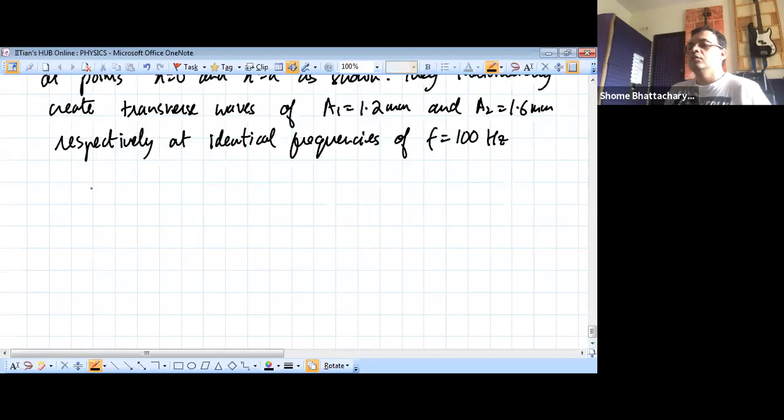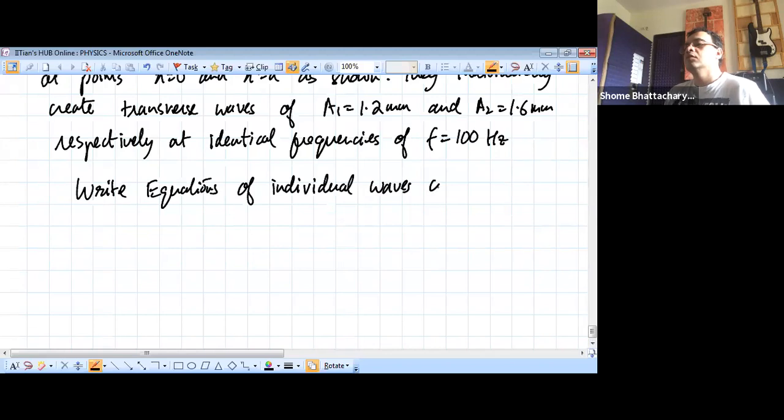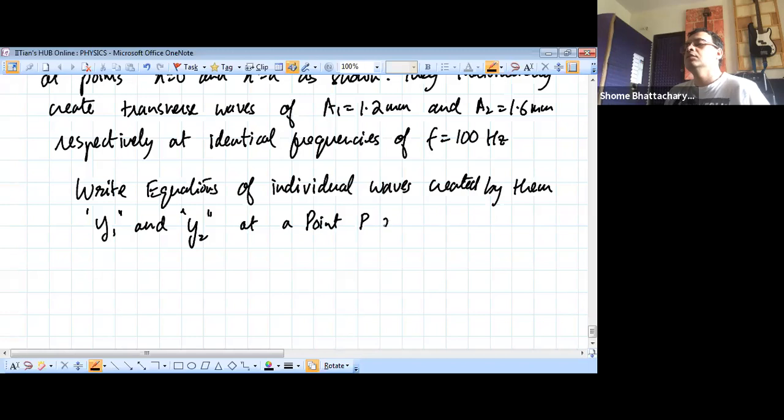So we have to write the equations of the individual waves created by them. Let's say y1 and y2 at a point P, x equal to x, where x is greater than d. Okay.